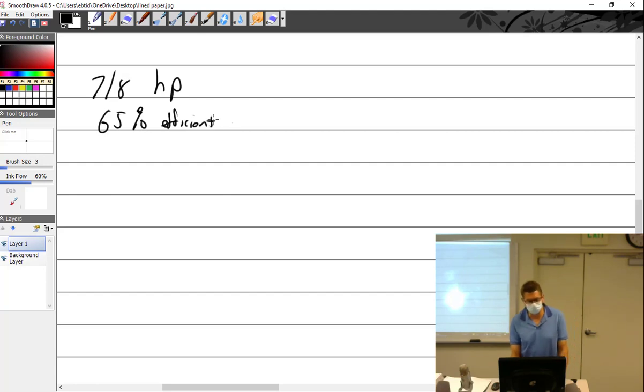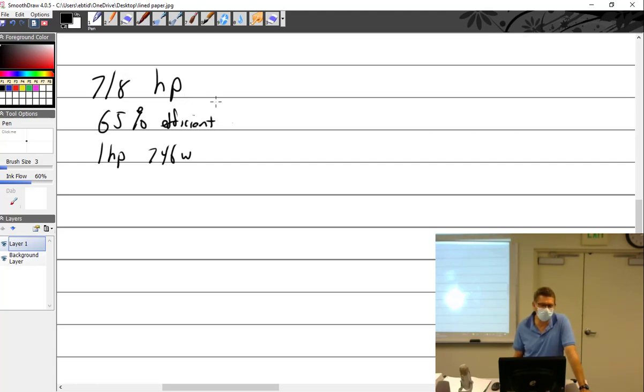What does that mean? Well, 1 horsepower is 746 watts. So we can solve for that watt there on the bottom, but we got to figure this out. So here we have 746 watts is 1 horsepower, but it's a 7/8 horsepower. Now when we talk about something like this, motors are rated in the output.